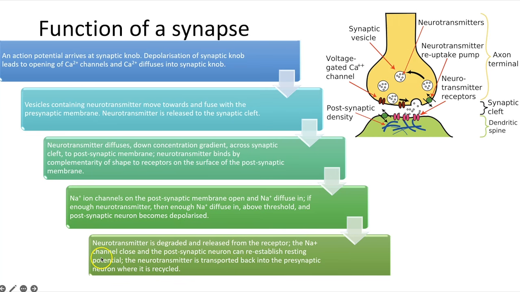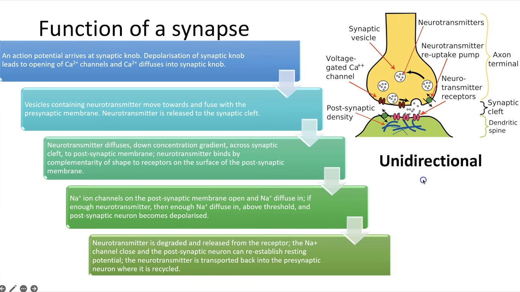That causes the sodium ion channels to close, and that is how you then don't get any more action potentials being generated. And that broken down neurotransmitter can be recycled and returned back to the presynaptic neuron to regenerate those neurotransmitters to be reused again.